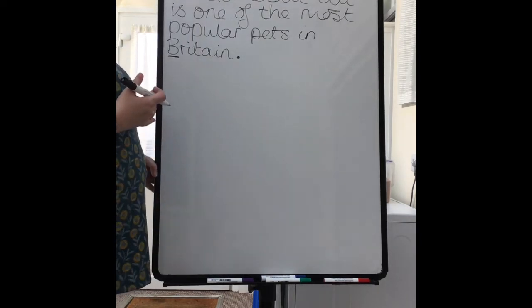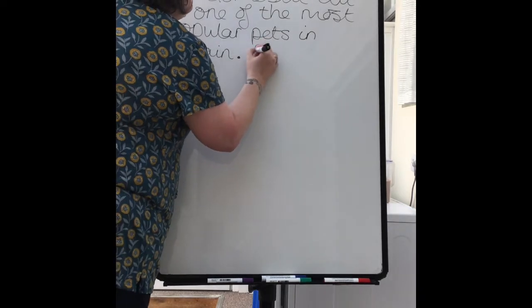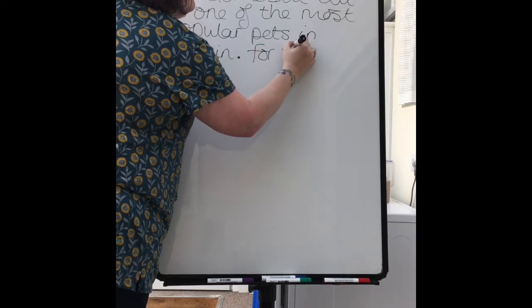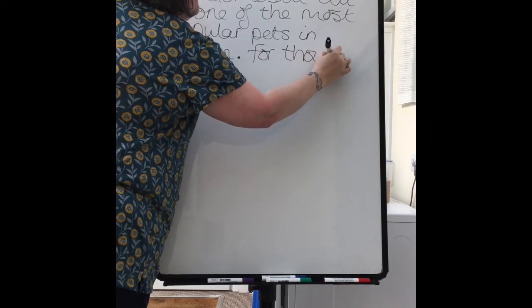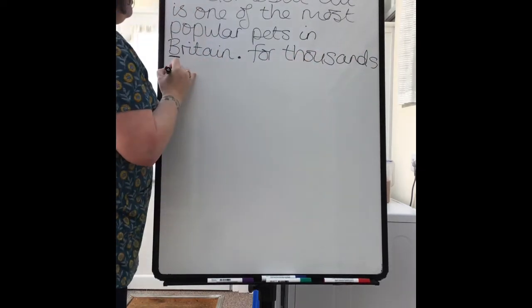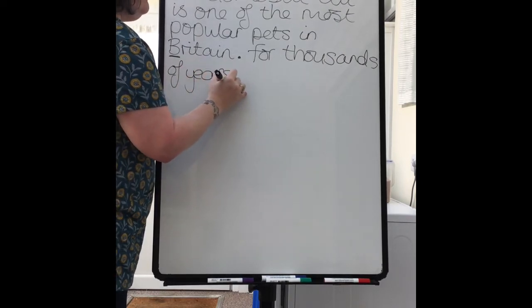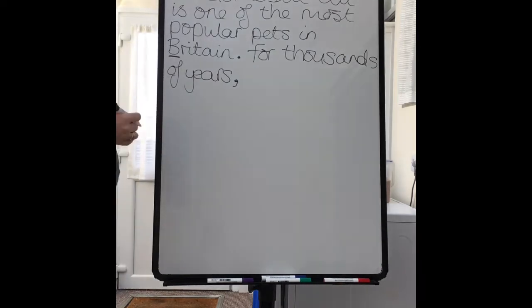And I'm going to start with a fronted adverbial of time. For thousands of years. Okay, so for thousands of years is the fronted adverbial, and of course it is followed by a comma.